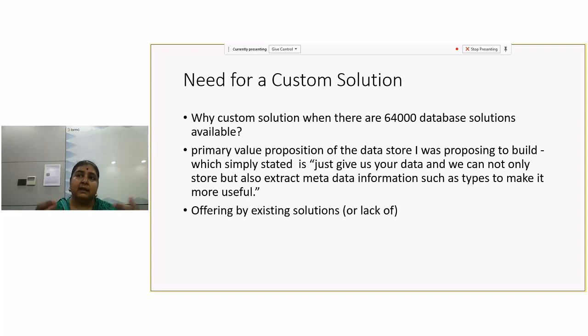Hence, when I evaluated many other solutions available, graph databases, other NoSQL databases, regular relational databases, there was some factor that was missing. In a relational database, I could store graphs by flattening them, but building relationships and searching them was a bit difficult.